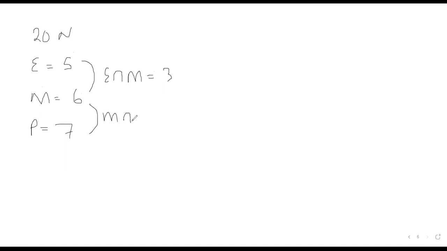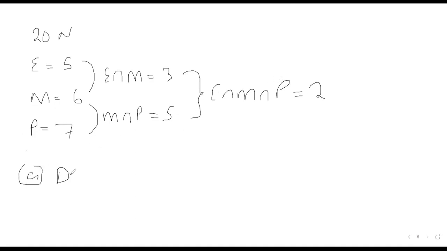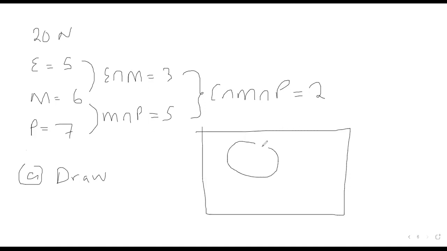Math intersection physics we have 2. English intersection physics we have 5. Then English intersection math intersection physics we have 2. Let us draw the Venn diagram. Who wants to help us draw?